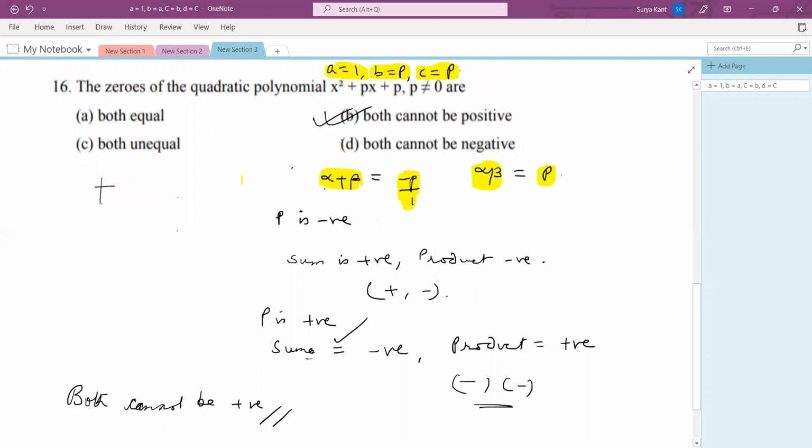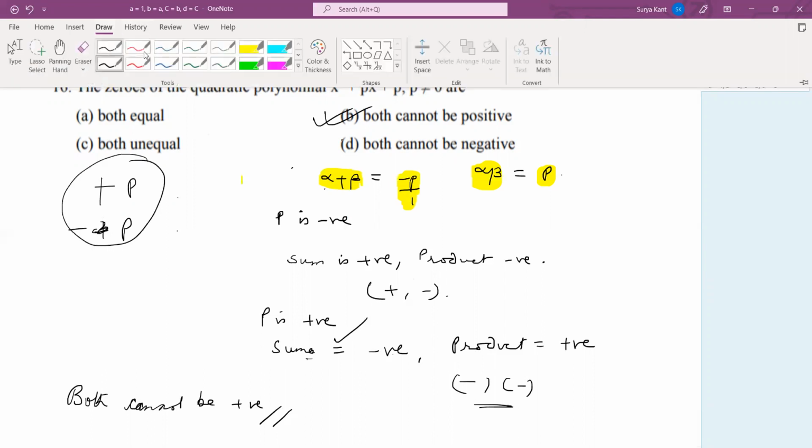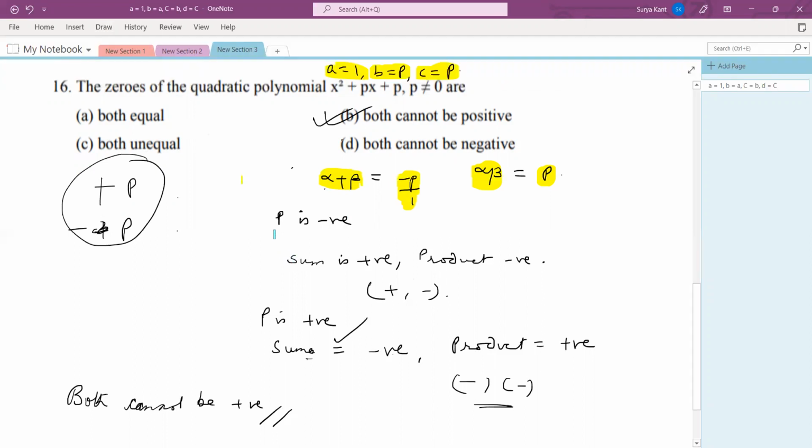This P may be positive or may be negative. So when it is positive, what is the situation, and when it is negative, what is the situation? Both situations are mentioned over here.